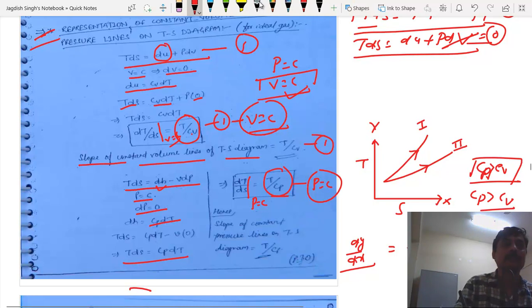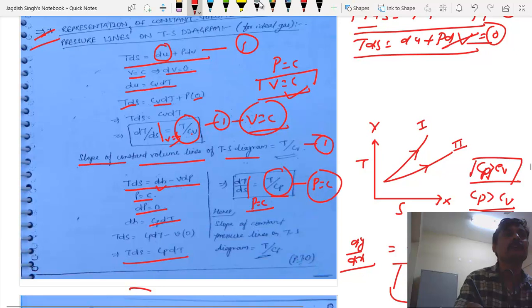Therefore T by Cp is less than T by Cv. Is it clear? The slope of a constant volume process is T by Cv, the slope of a constant pressure process is T by Cp, and Cp is greater than Cv. That means the slope of an isobaric process is less than the slope of an isochoric process.